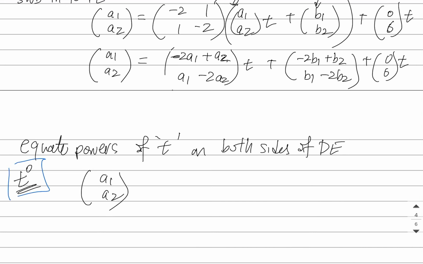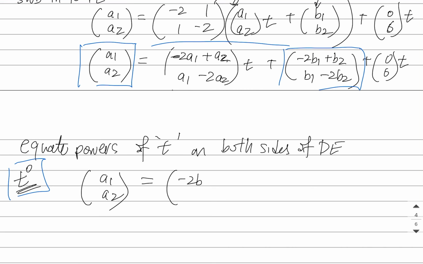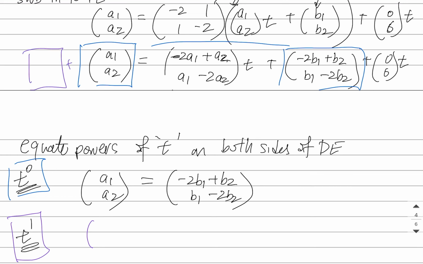This is t to the 0, the constant on the left, and so it must match the constant on the right. So this will give me negative 2b1 plus b2, b1 minus 2b2. And then powers of t: on the left, we have none of them, so I'll put a 0 box there. And then these powers of t exist on the other side.